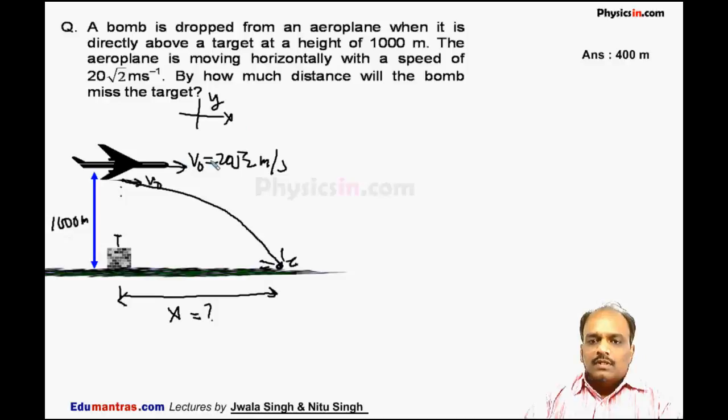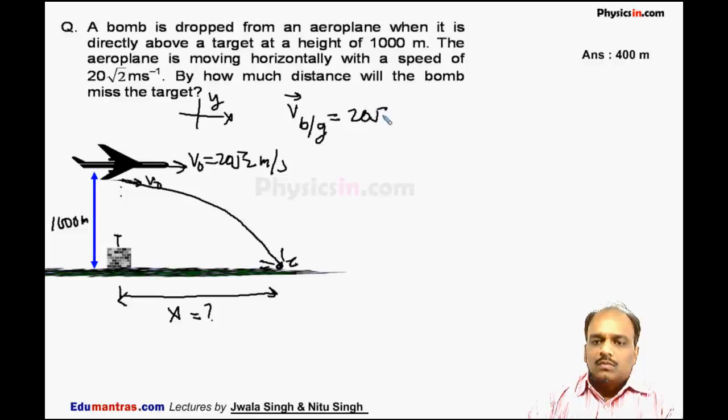So in this coordinate system I will write the velocity of bomb with respect to ground, which is the same as the velocity of this bomber, means it is 20 root 2 i cap, and vertical velocity is 0.